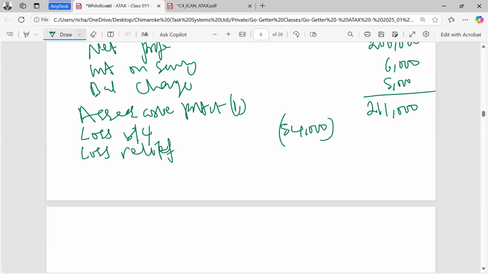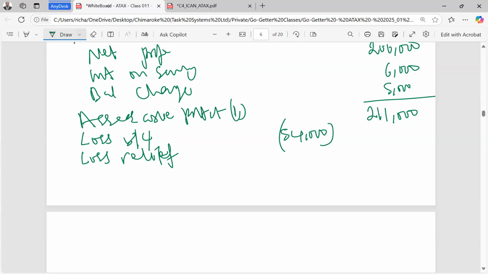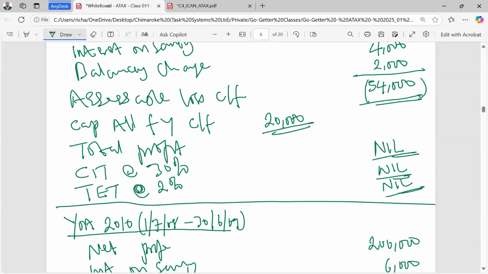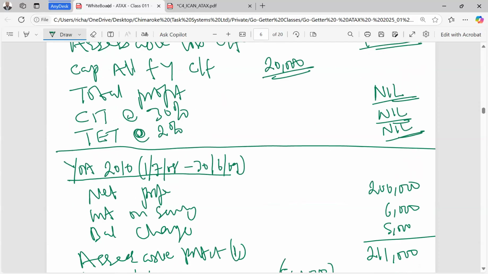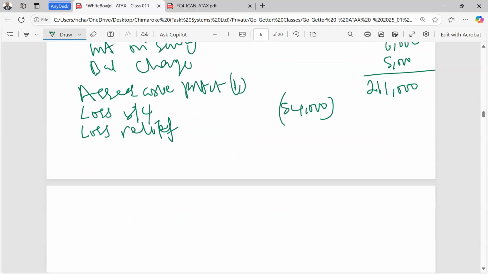Mr. Chima, how did you get the 54,000 loss that you brought forward? It's from this one that was carried forward. That's why it's called carry forward loss. So now, loss relief, 54, you will now release it for relief. Bring it down here again, 54,000, put it in bracket.